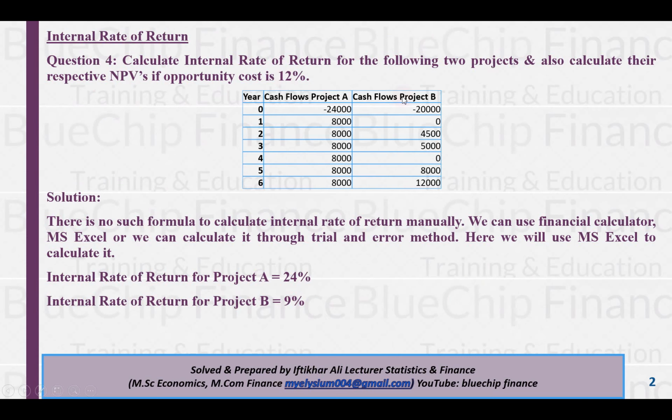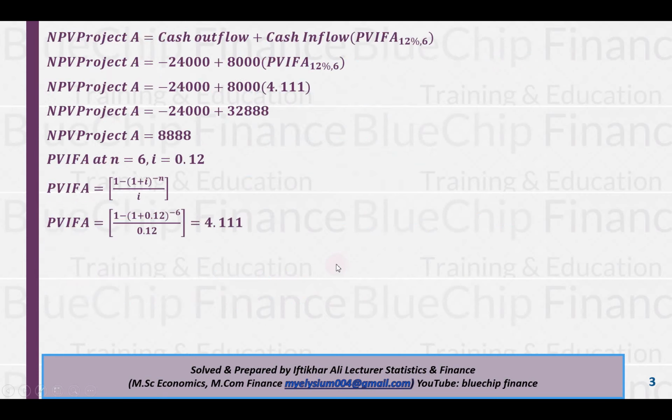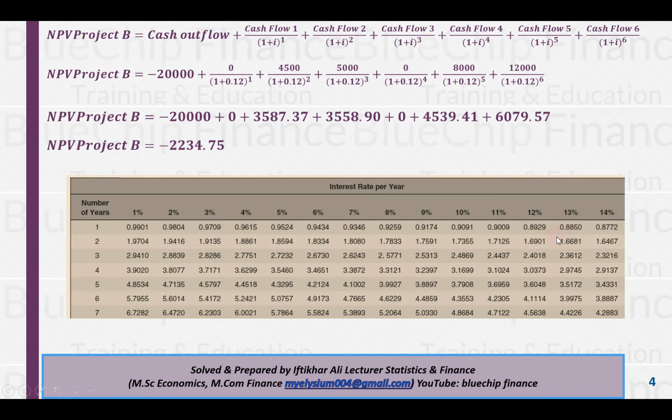So project B will turn into negative NPV. So for the calculation of PVIFA, you can use the PVIFA table. At 12% and a 6 year time period, your factor is 4.1114.